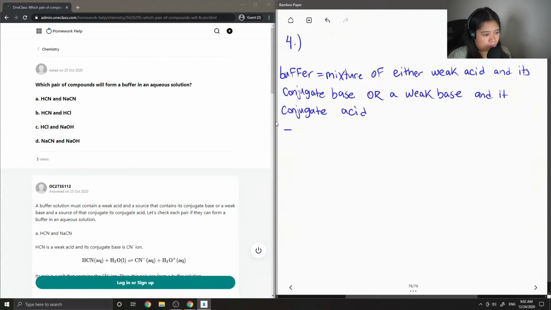The role of the buffer is that its pH changes very little when a small amount of either strong base or acid is added.